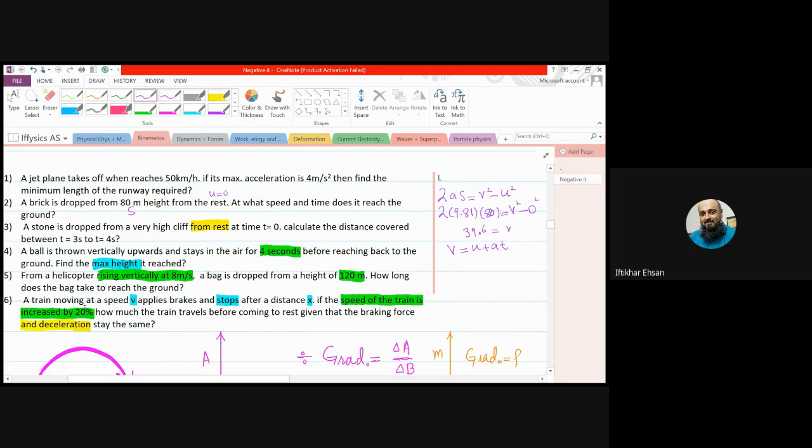We could have used the second equation first to find the time as well. Choice is yours. The final speed is 39.6, initial is 0, acceleration is 9.81, and now you can find the time. That will be 4 seconds. Right? Clear?